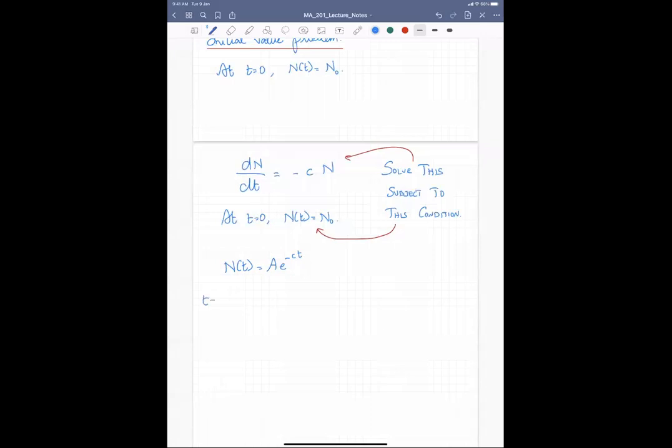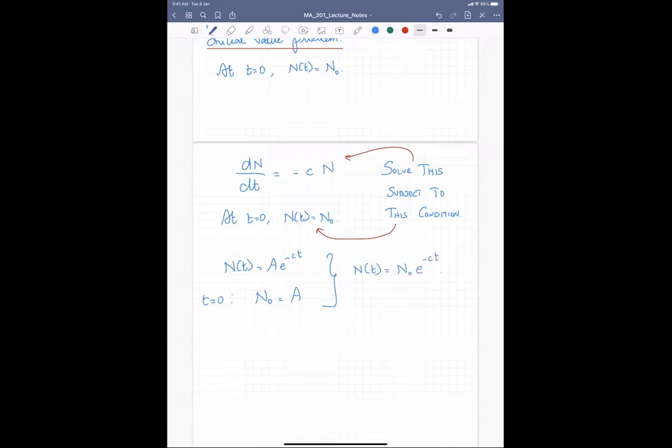At t equal to 0, my left-hand side is n0 because that's what somebody has told me. My right-hand side is, if I put t equal to 0, the exponential becomes 1, so this is equal to a. So the initial value condition typically fixes the undetermined constant of integration. So I can write my solution finally as n0 e to the minus ct.